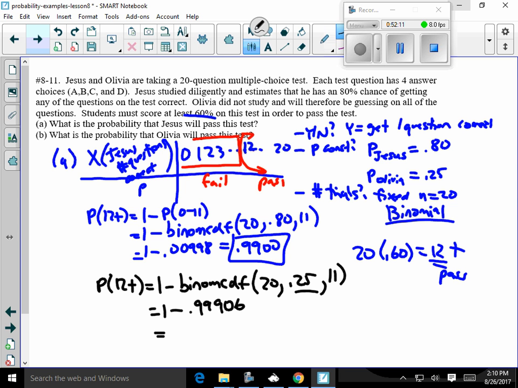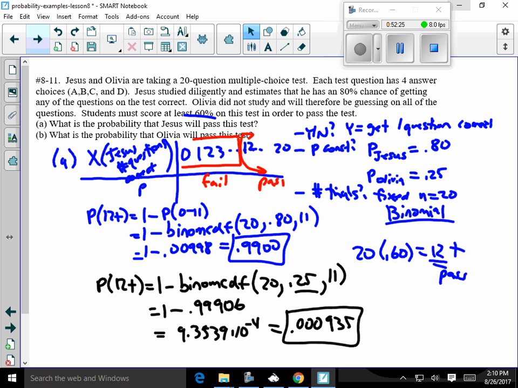So her probability turns out in the calculator to be 9.3539 times 10 to the negative 4th, which is 0.000935. So by randomly guessing, she has far less than a 1% chance of passing this test.